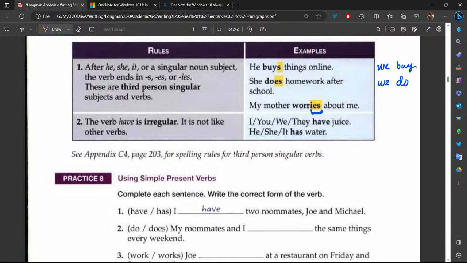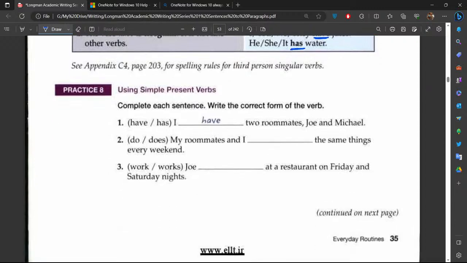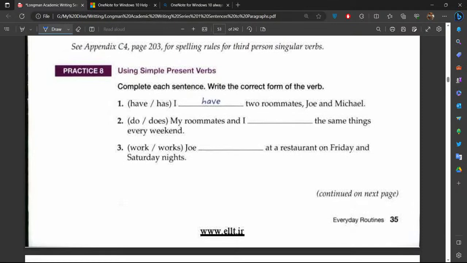So I, you, we, they have; he, she, it has. For the verb have, it is irregular, so it is has. See Appendix C4, page 203, for spelling rules for third person singular verbs. So let's go to page 203 and see where it takes us.